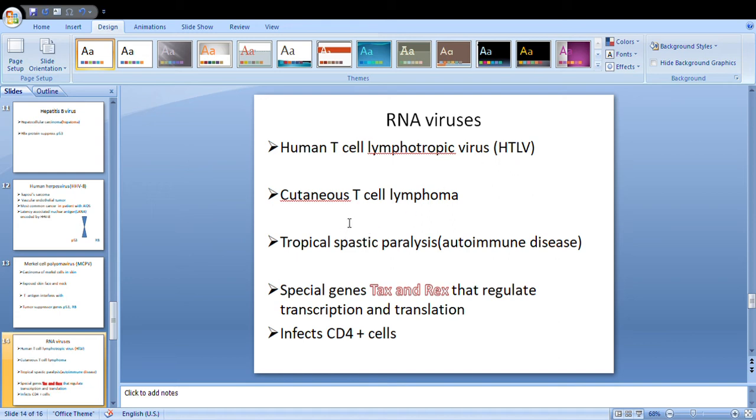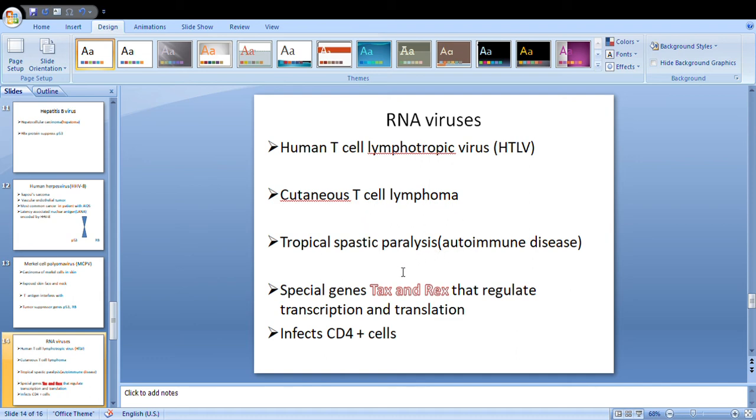This causes cutaneous T cell lymphoma, and another disease caused by this virus is tropical spastic paralysis, which is autoimmune in origin. However, the cutaneous T cell lymphoma is a tumor, a cancer.